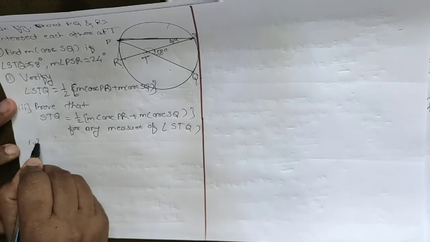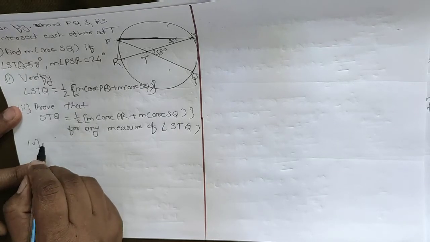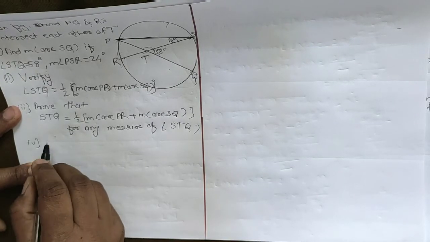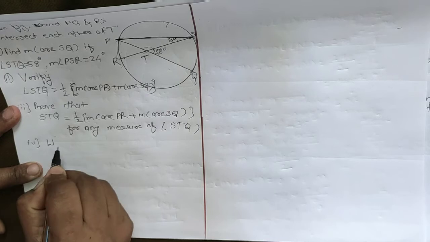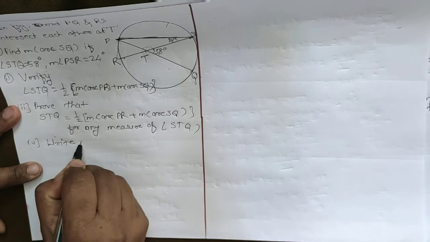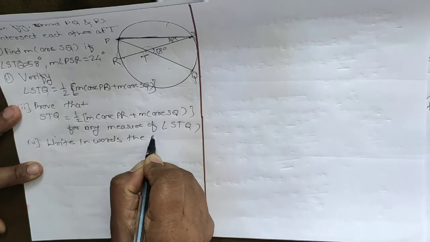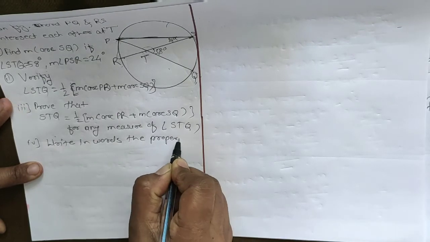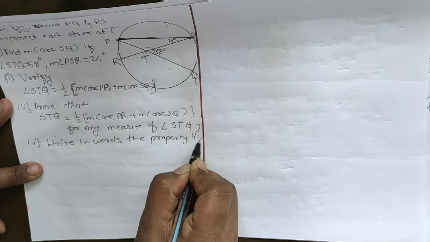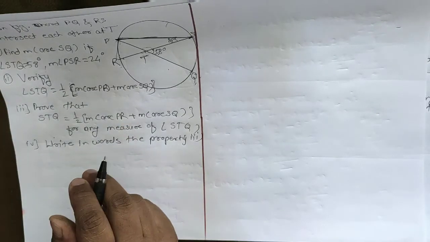And fourth, what we have to do is write the property in our own words. We have to write the property in our own words.